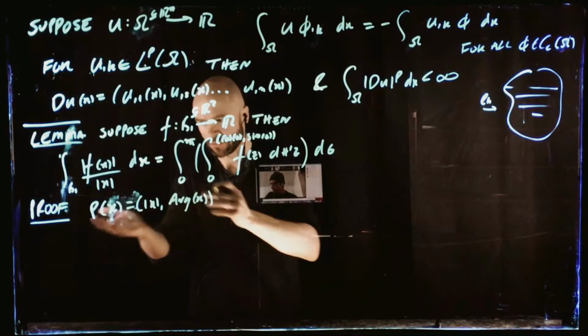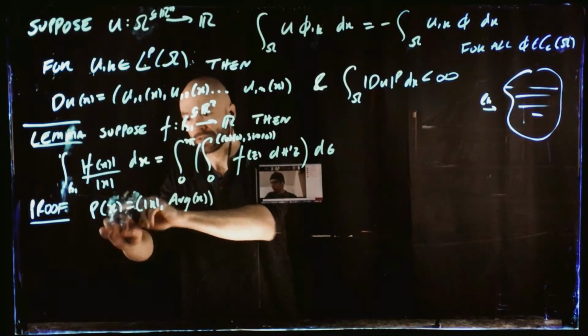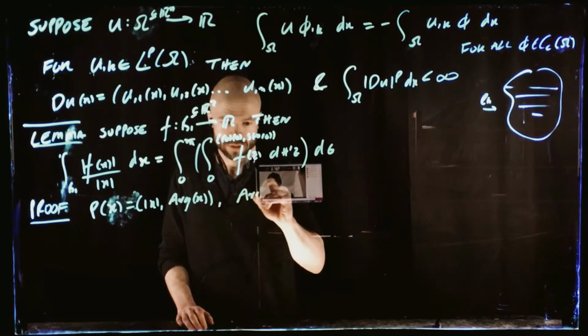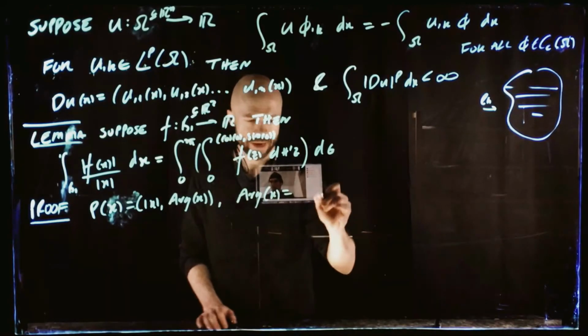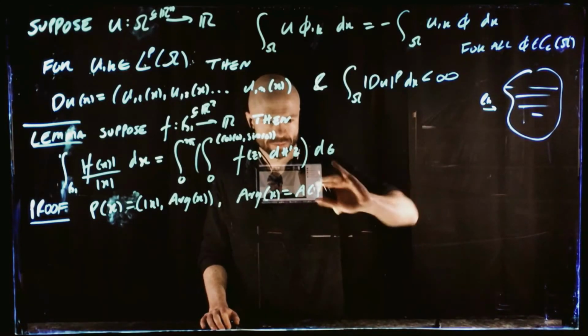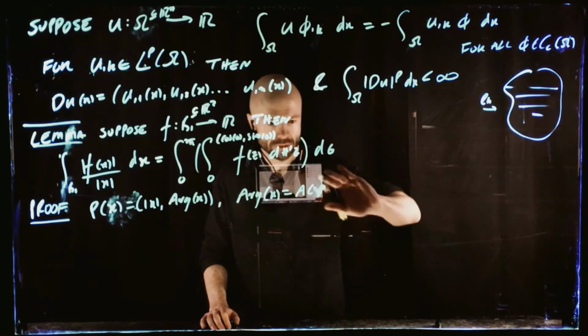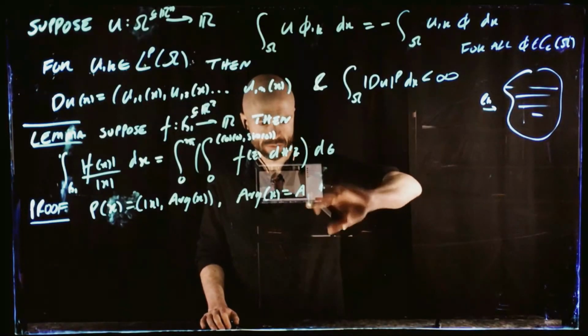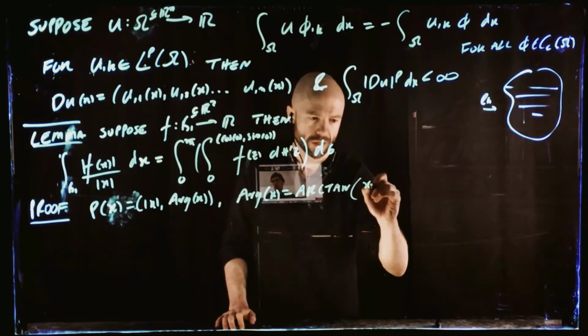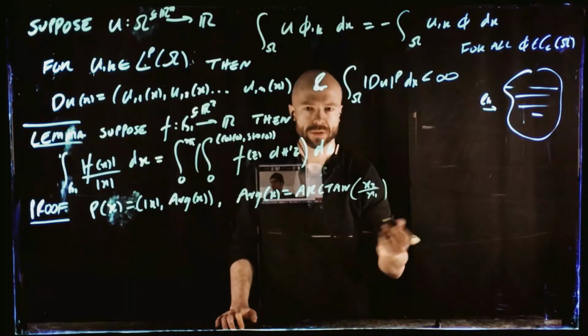It's the angle defining this x, right? So arg of x we can take to be arctan, using the first quadrant, of x2 over x1.